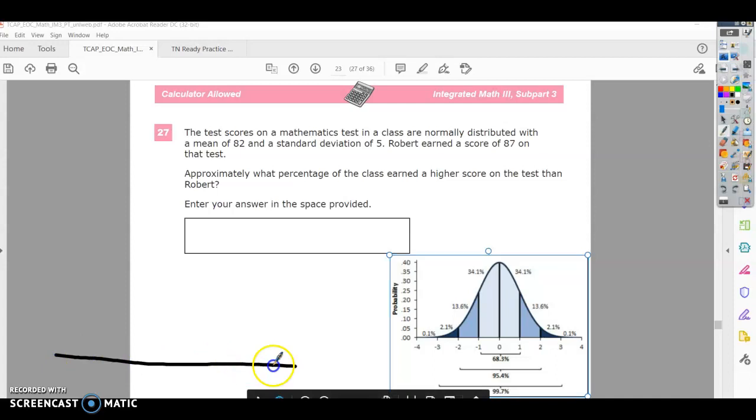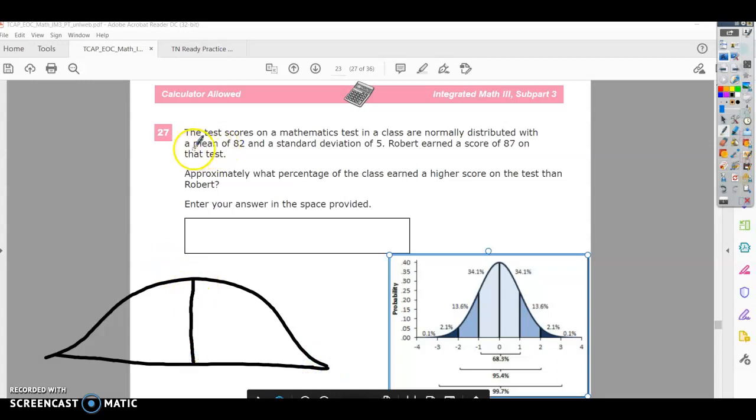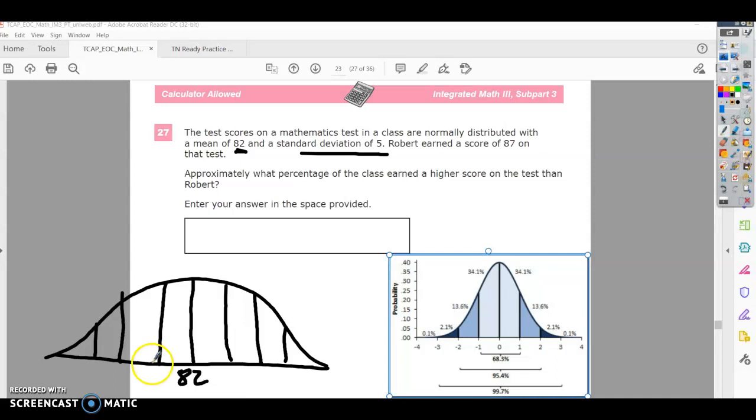Okay, so let's sketch our normal distribution curve here. And the mean goes in the middle. So we're going to put a mean of 82. And then it has a standard deviation of 5. When you go to the left, you are going to subtract 5 each time. So this would be 77 and 72 and 67.